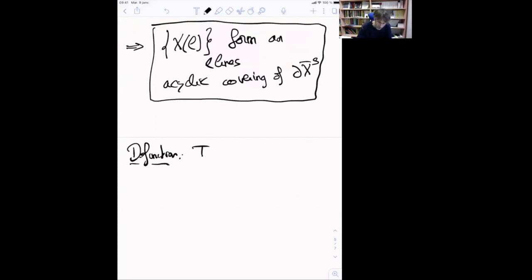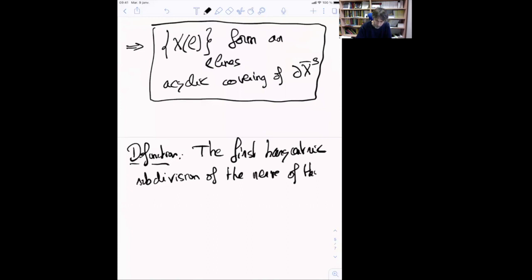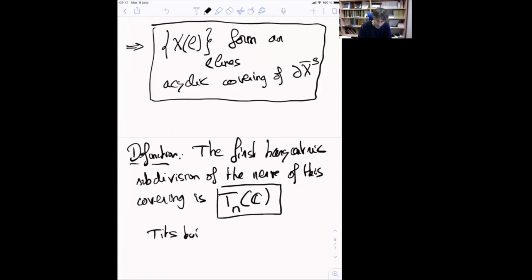The first barycentric subdivision of the nerve of this covering is called the Tits building associated to Cn.